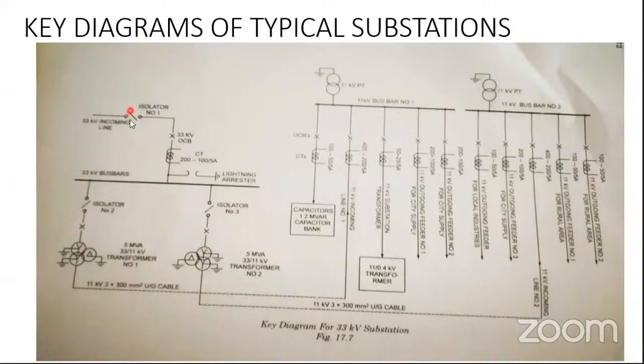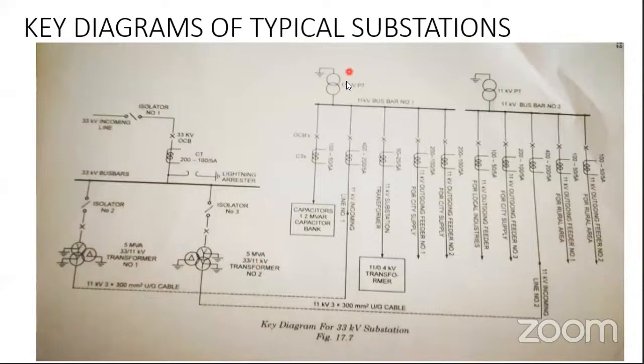We have isolator. We have circuit breaker. We have CT. Isolator, isolator. Circuit breaker, circuit breaker. Transformer, earthing, transformers with appropriate earthing.